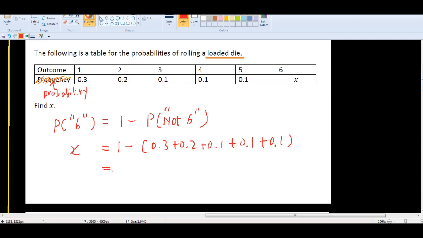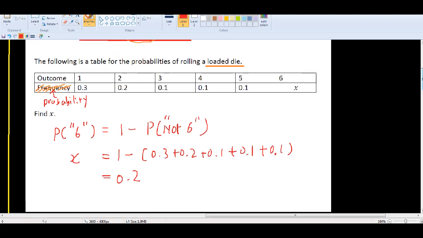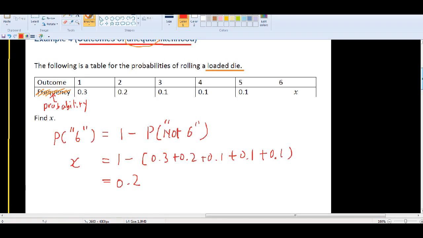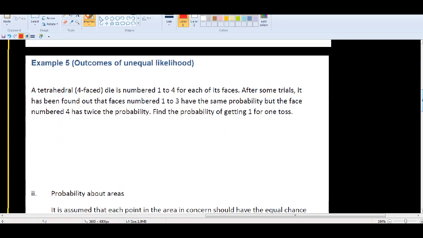So you would get 0.2 in this case. That's how we do it. Of course, you can think another way: all the probabilities add up to 1. That's another way to do it, but I just try to use complementary events to get you familiar with the case E and not E. Probability of event E equals 1 minus probability of not E. This is interesting thinking, right? You can get around the question by using different ways.